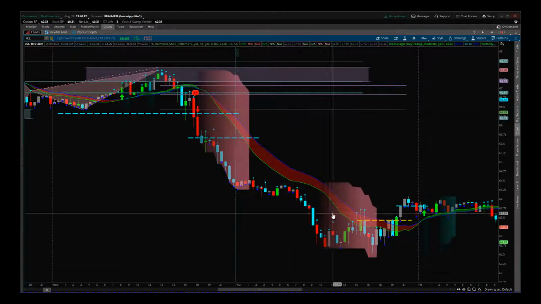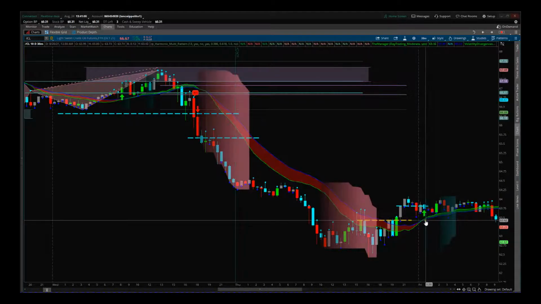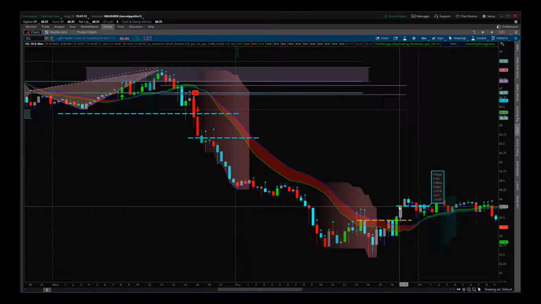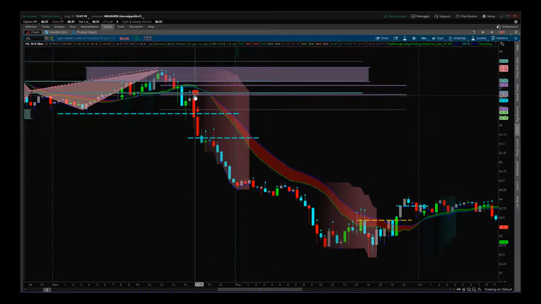If we decided to take the harmonics but wanted to see if this would turn back down and just waited for the cloud to turn green, then that's 250 ticks. It's still a good trade. That's $2,500 per contract.